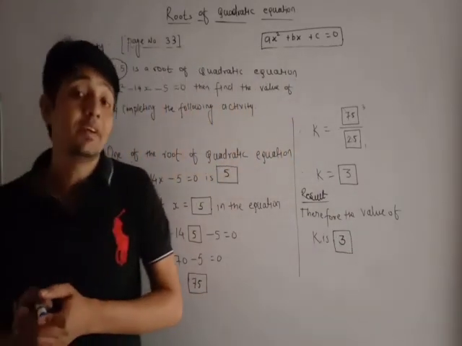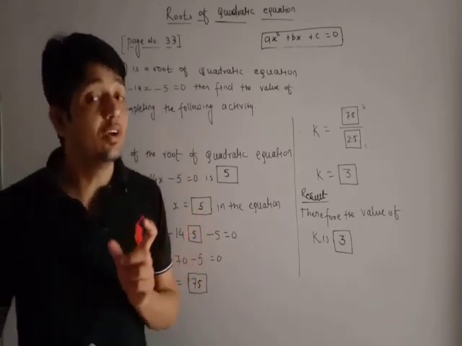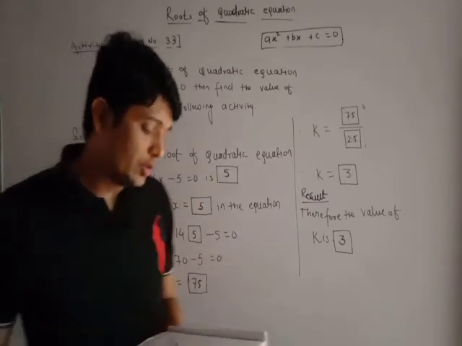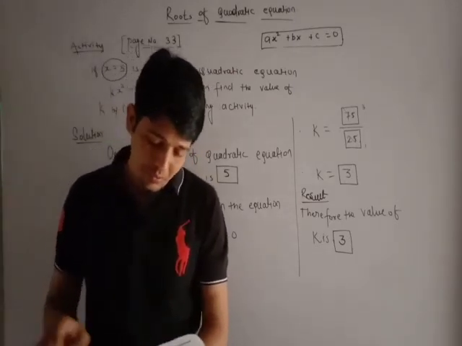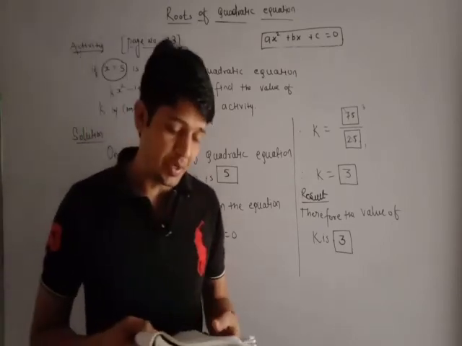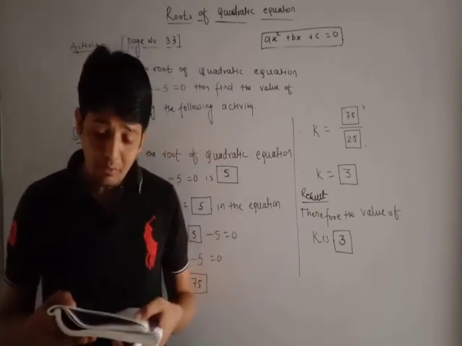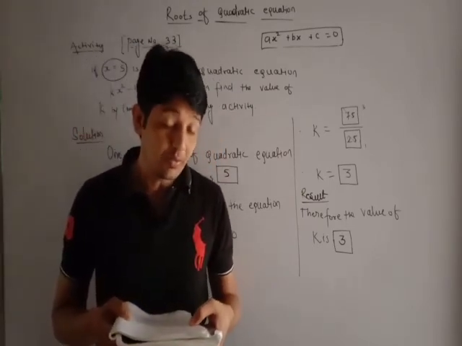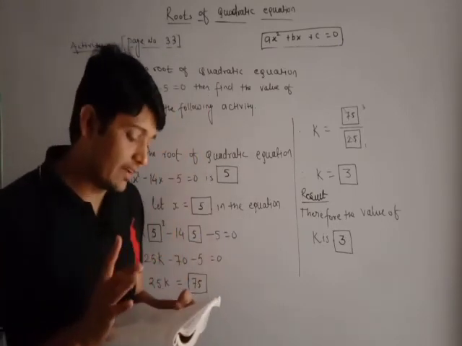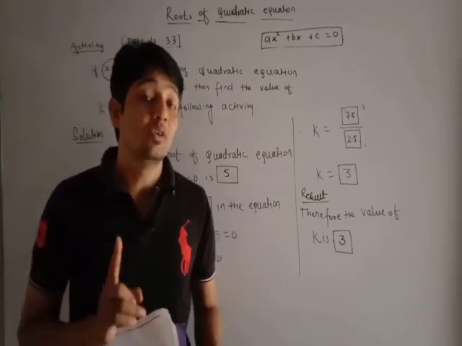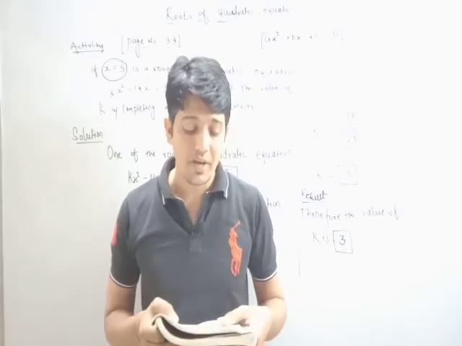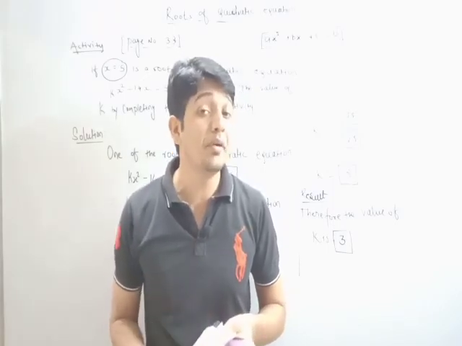Likewise, you have to solve a few questions which are given in your exercise. In the previous video we completed question number 1 and question number 2. Now you have to solve question number 3, 4, 5 and 6. They are really very easy. You have to first identify whether the equations are quadratic equations or not. Question number 3 says write the following equation in standard form, and we completed this question in our previous video.